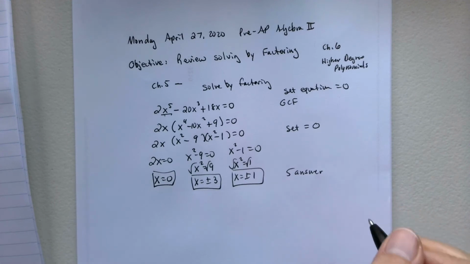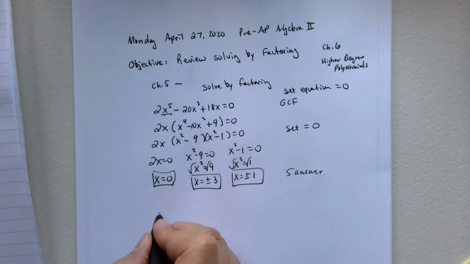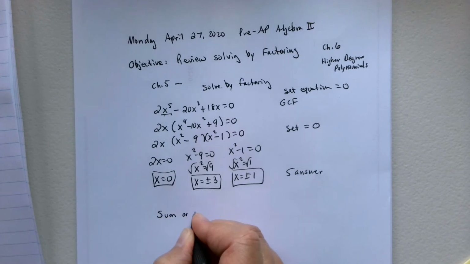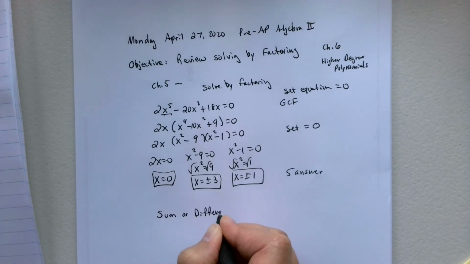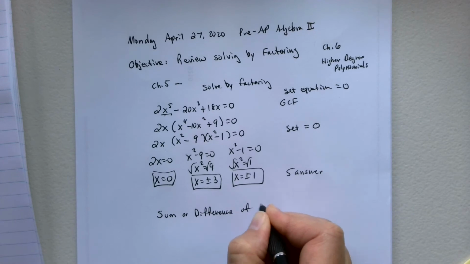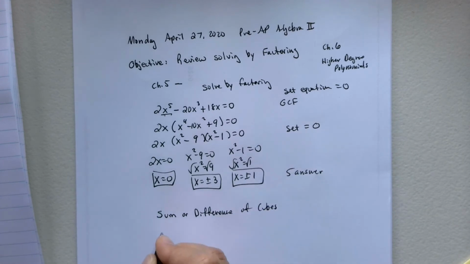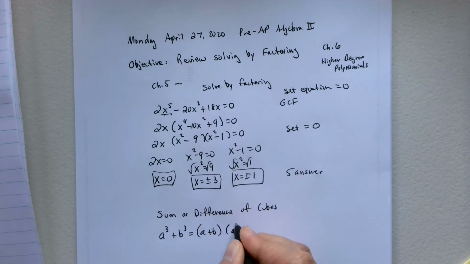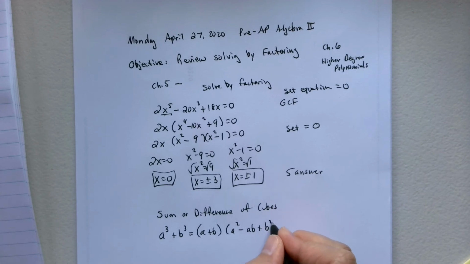In Chapter 6, we also learned how to factor the sum or difference of cubes. And I'm going to give you the formulas just to refresh your memory. A cubed plus b cubed was equal to a plus b, parentheses a squared minus ab plus b squared.